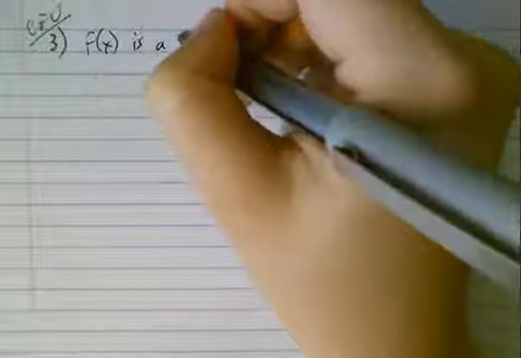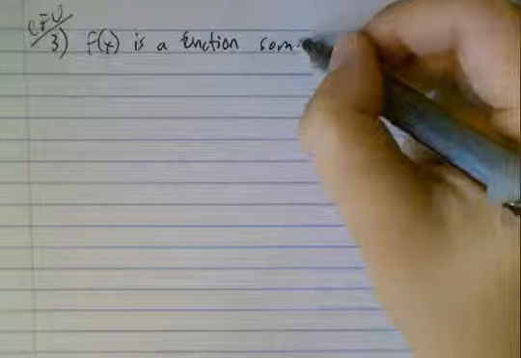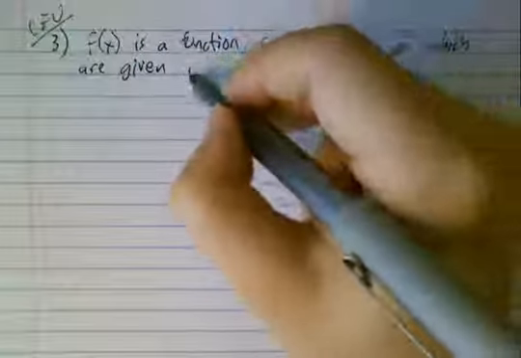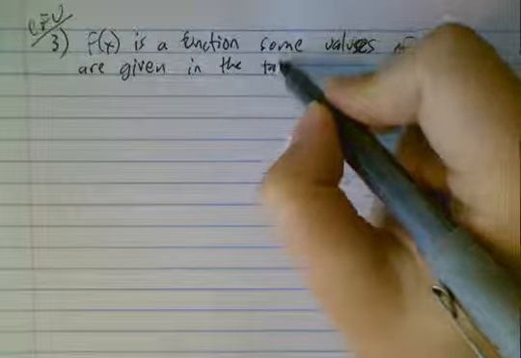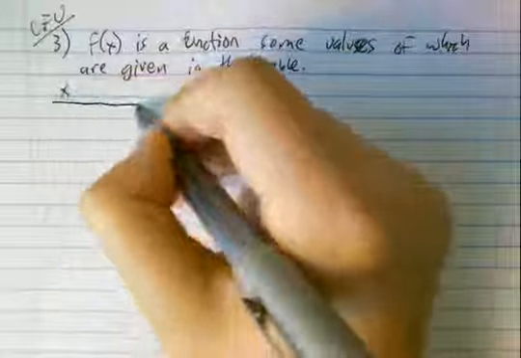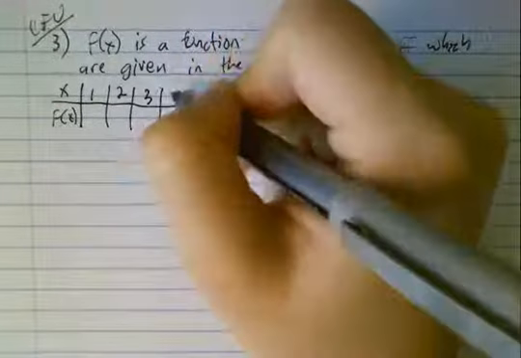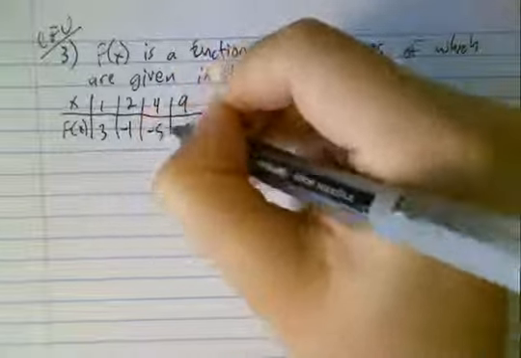Let's do a check for understanding problem with that type. f of x is a function, some values of which are given in the table. x is 1, 2, 3, 4, and f of x is 3, -1, -5, -4.